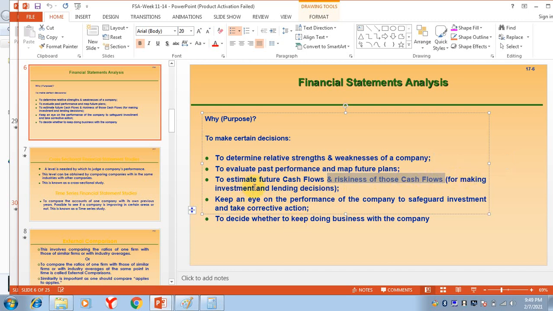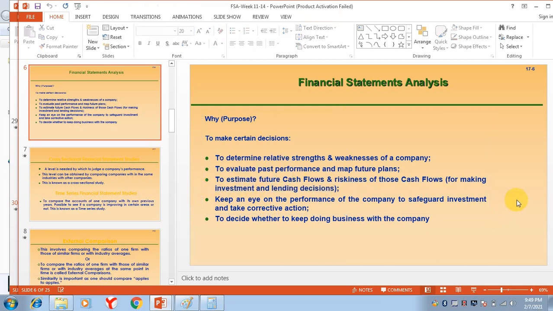Because you want to invest some money or you want to lend some money. Lending means giving loans. Investment means when you have excess money, you invest it so that you can earn a return on this.